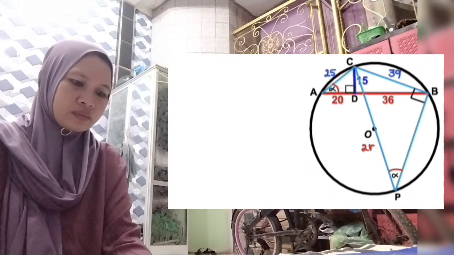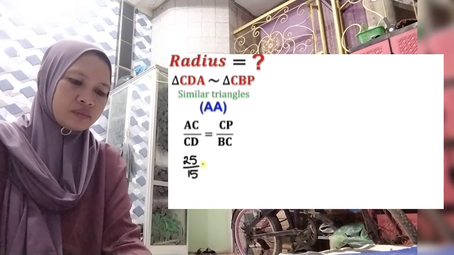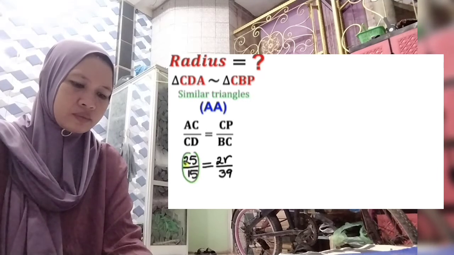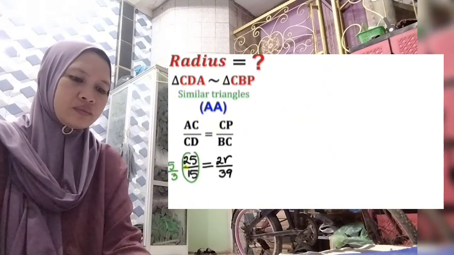So therefore I can write 25 divided by 15 is going to be equal to 2 times R divided by 39. And now we can see 25 divided by 15 is going to reduce to 5 divided by 3.